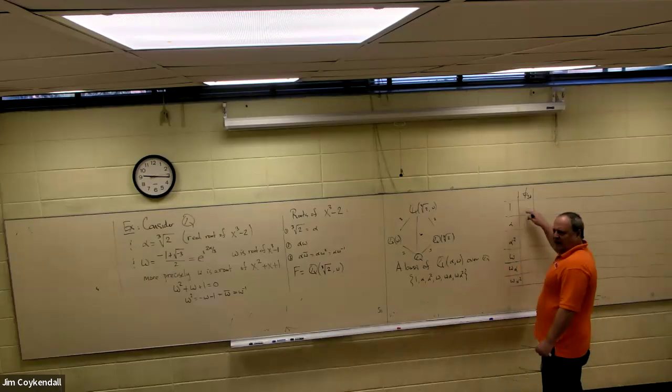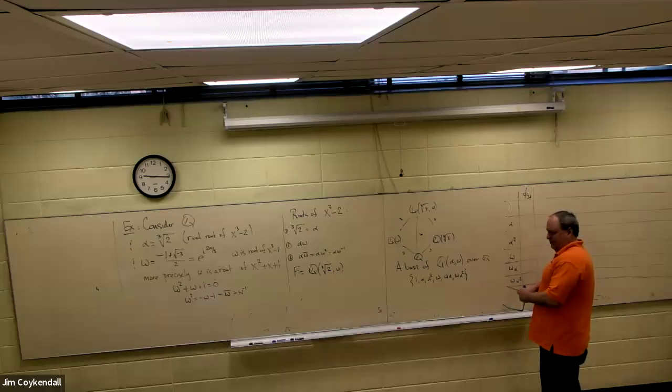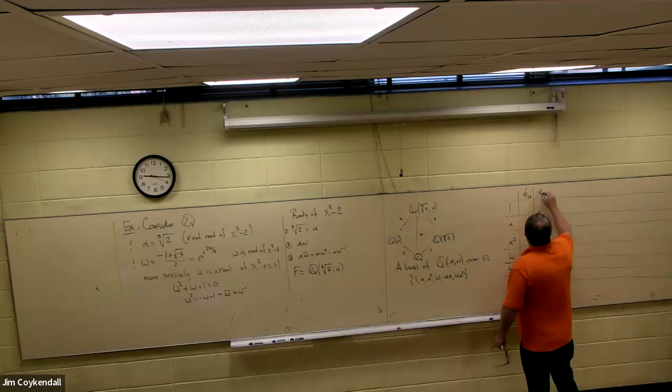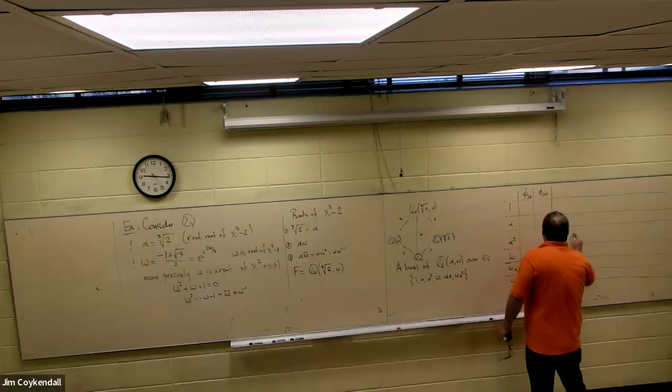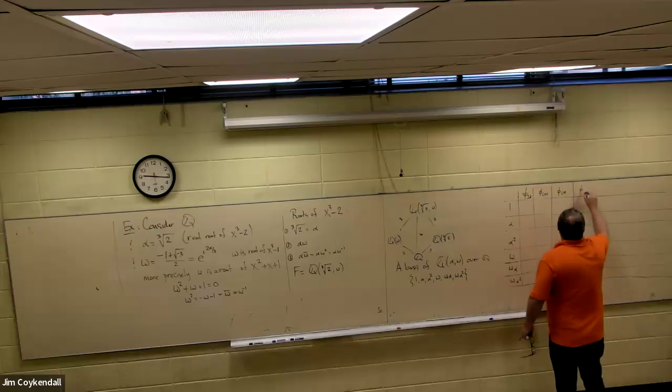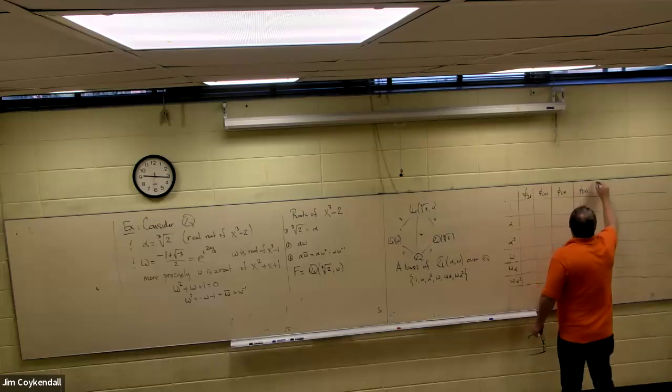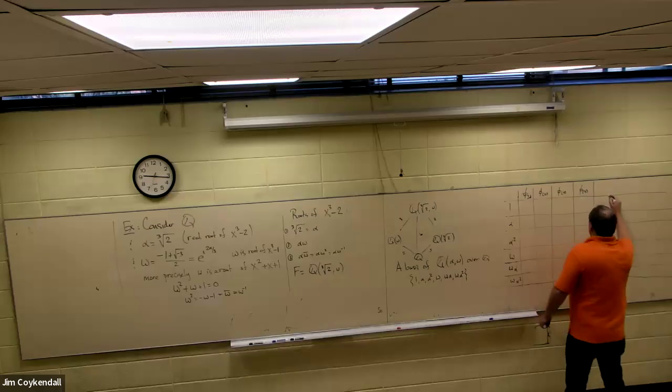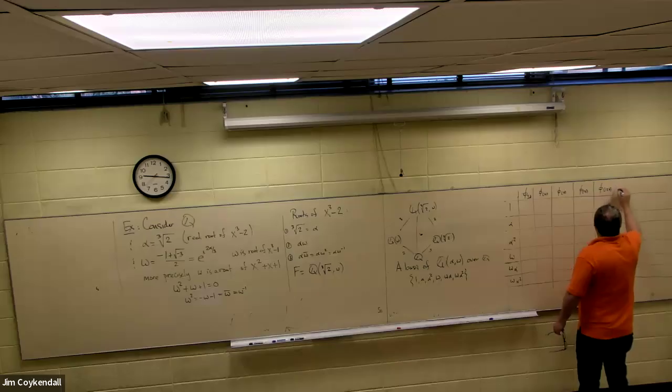One automorphism, let me get this mess out of the way, is the identity, of course. I am going to do some other ones, and I'm going to tell you what these do. We'll kind of work backwards. B, 2, 3. B, 1, 2, 3.